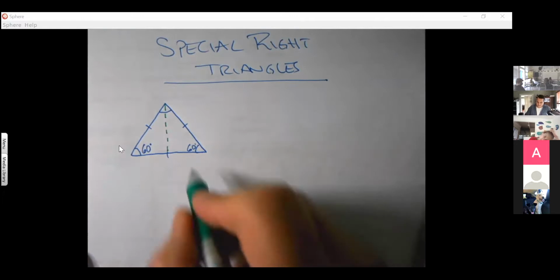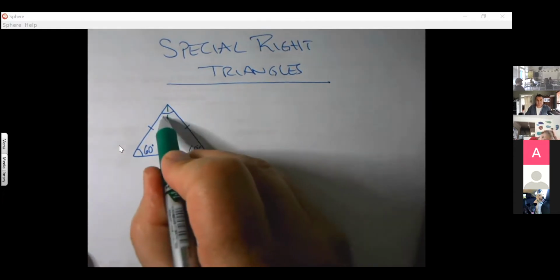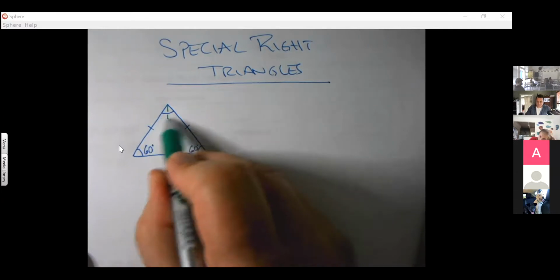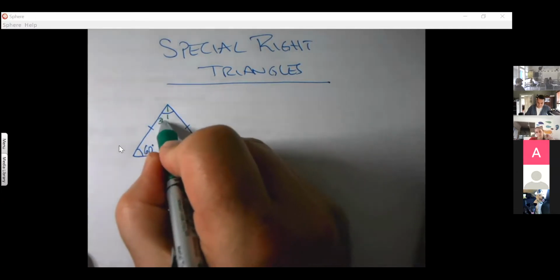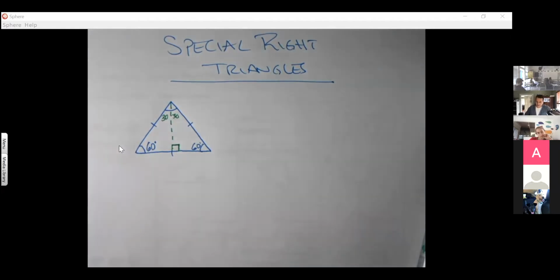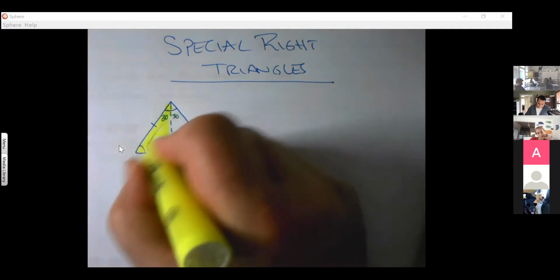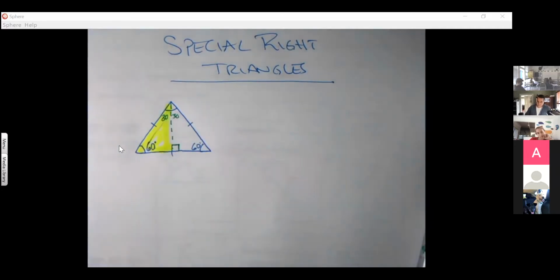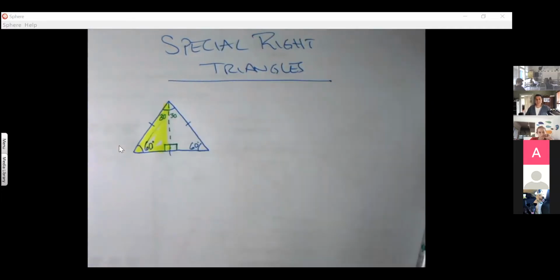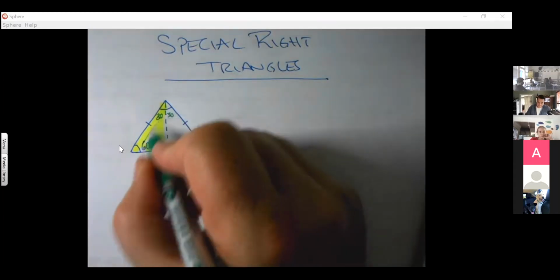When I drop an altitude, it both makes a right angle here, and it splits this angle. So instead of being 60 degrees up there, it's now 30 degrees on each side. I'm only going to look at half of this equilateral triangle now, because what I'm looking for is right triangles, and this is now a special right triangle. It's called a 30, 60, 90.